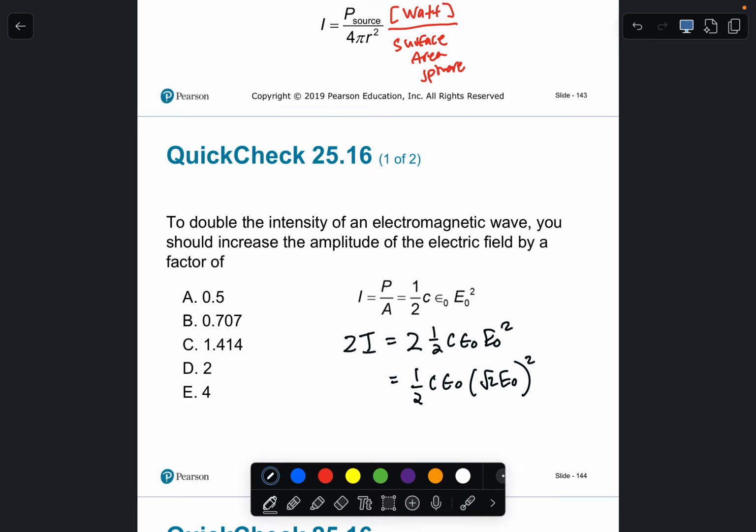Does that make sense? Kind of a reverse way of solving the problem. So a square root of 2 increase in the electric field amplitude will give us a factor of 2 difference, and the square root of 2 is 1.41. Plug that into your calculator, it's 1.41. Let me grab my calculator just to have it out.